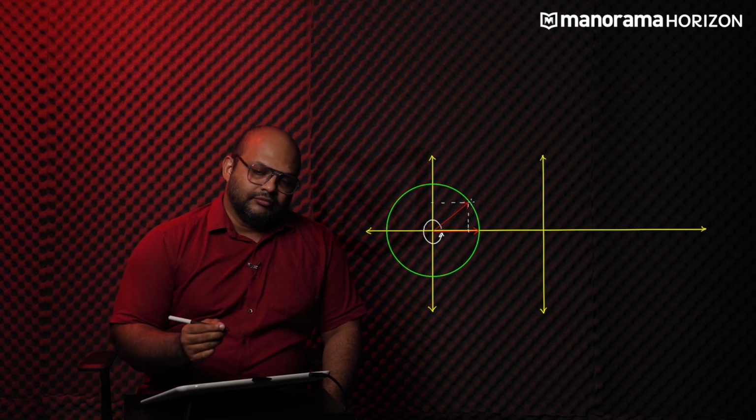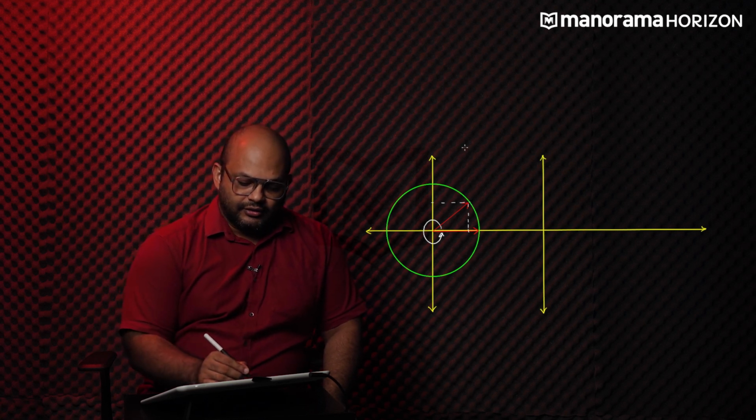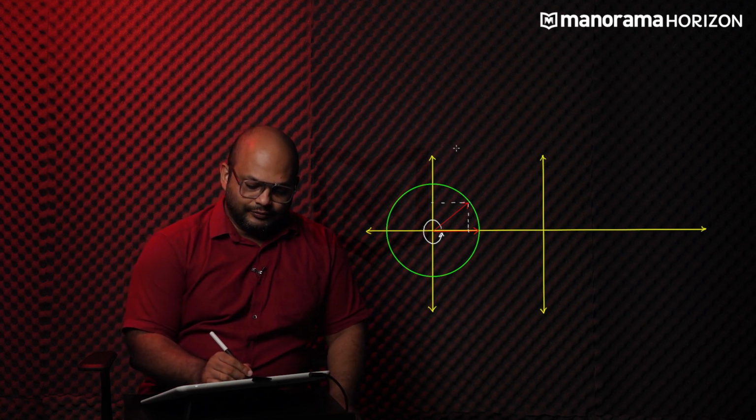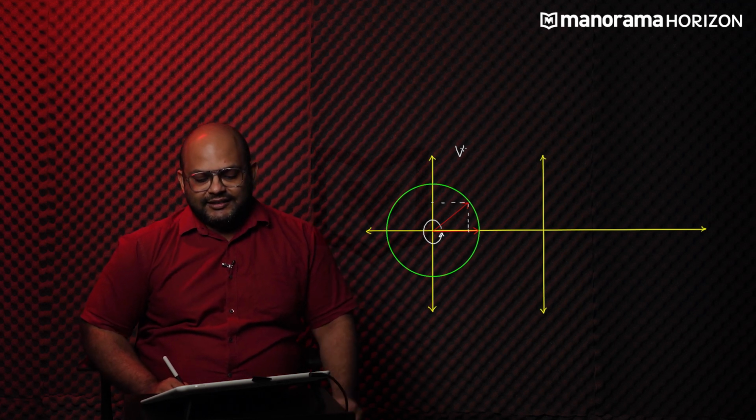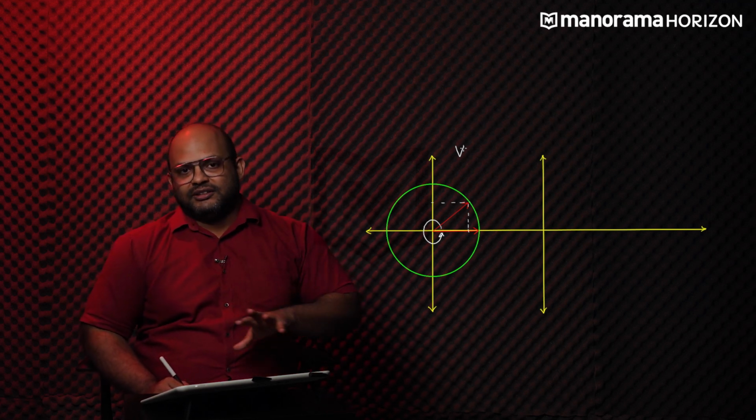Now, if we say that this vector has the symbol V, we can say that this vector is rotating freely on this circle.